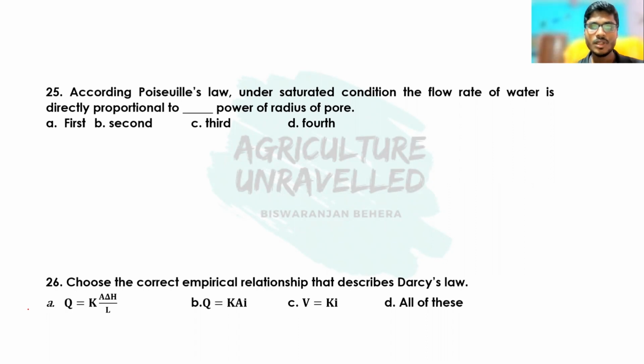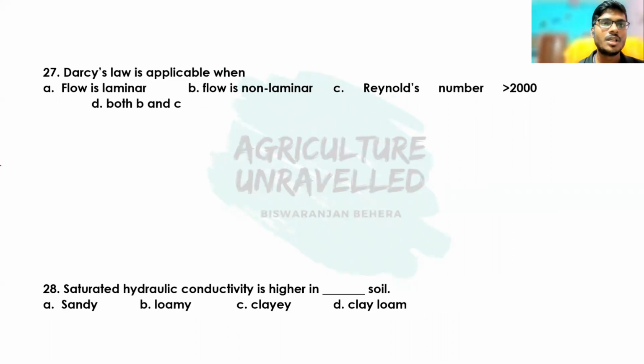Okay, then coming to the next question, that is, Darcy's law is applicable when the flow is laminar, or the flow is non-laminar, or the Reynolds number is more than 2000, or both B and C. So remember this thing, Darcy's law is applicable for laminar flow only. Laminar flow means the flow is uniform.